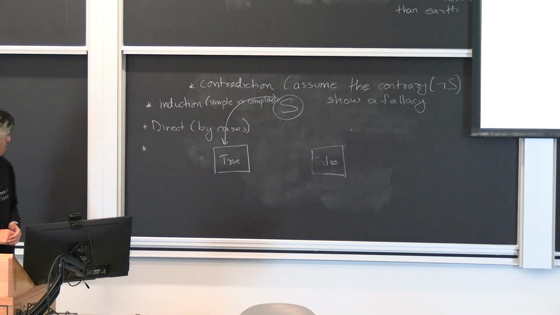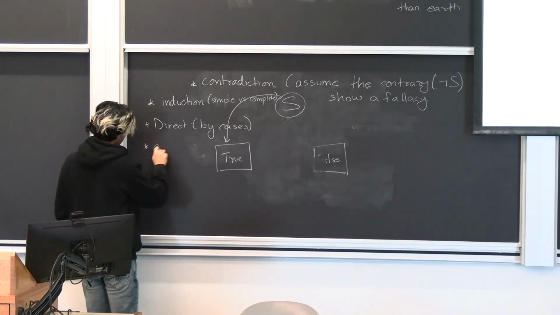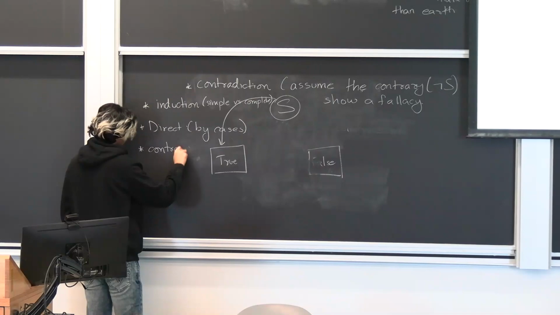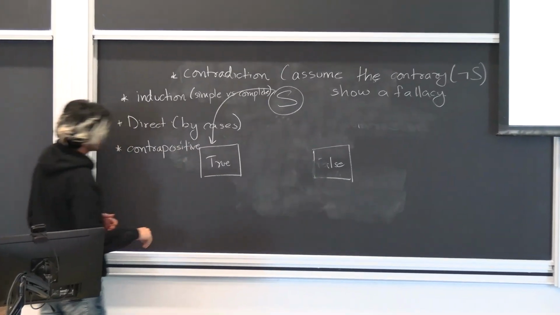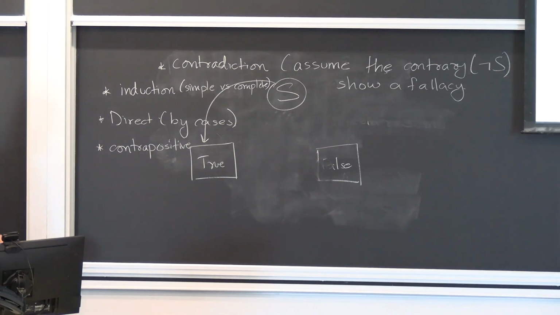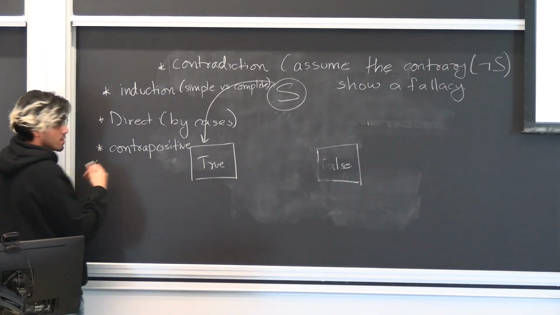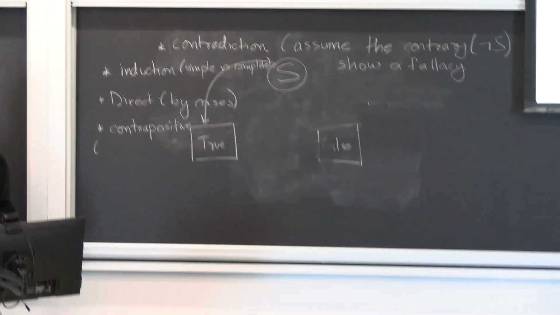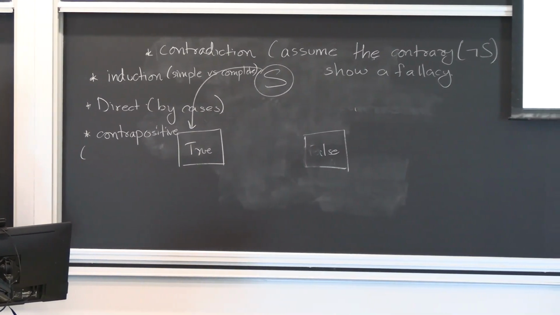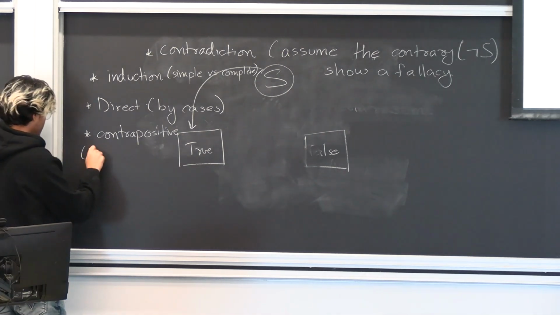Yes? Contrapositive. Right? The contrapositive is used for, can we use it for anything? The contrapositive has a very special use case. You can only use it for statements that are implications.